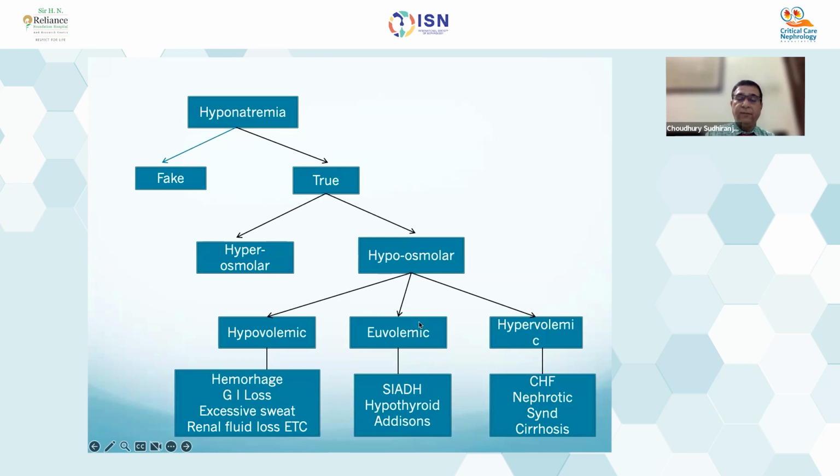Mind you, SIADH should not be confused with hypovolemic hyponatremia, where the ADH secretion is appropriate for your condition; that we cannot label as SIADH. When the ADH secretion should not be there and you are experiencing high ADH secretion, in that scenario you call it the syndrome of inappropriate ADH secretion, that is SIADH.